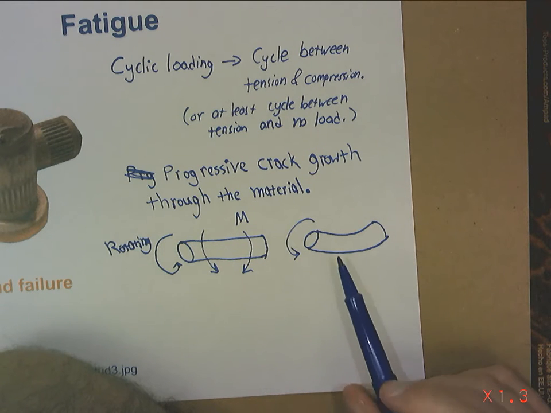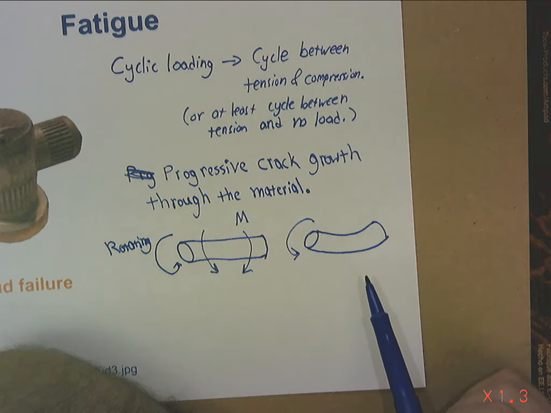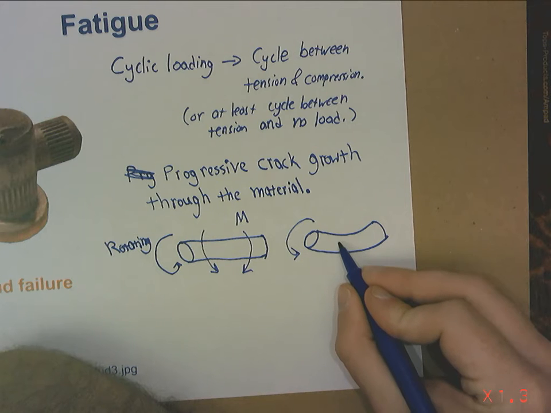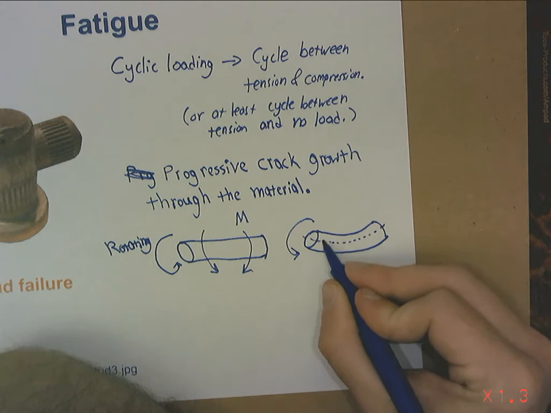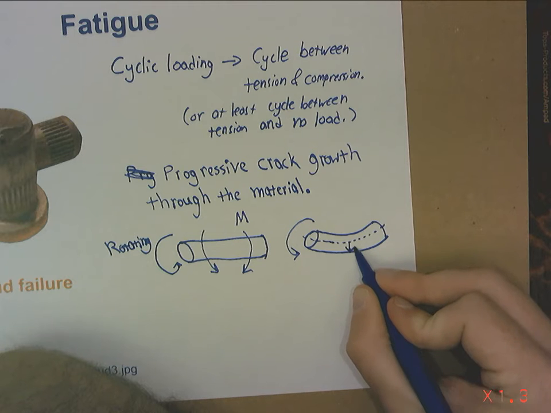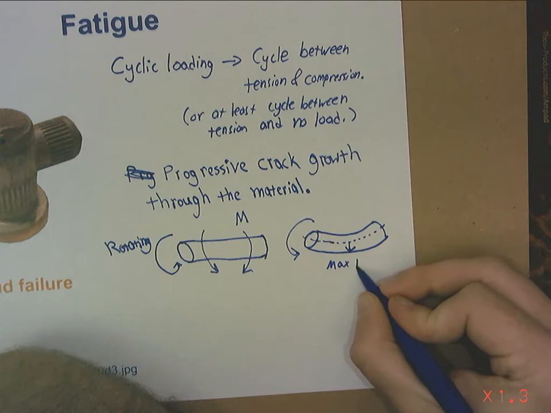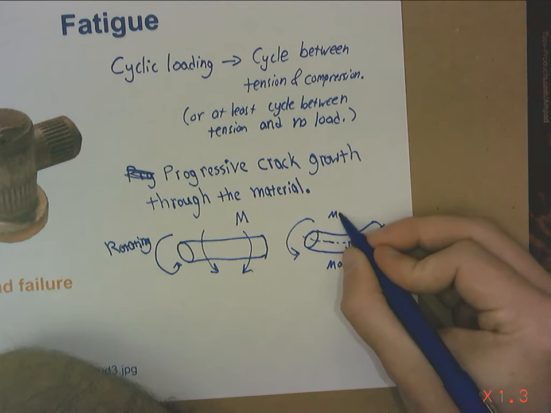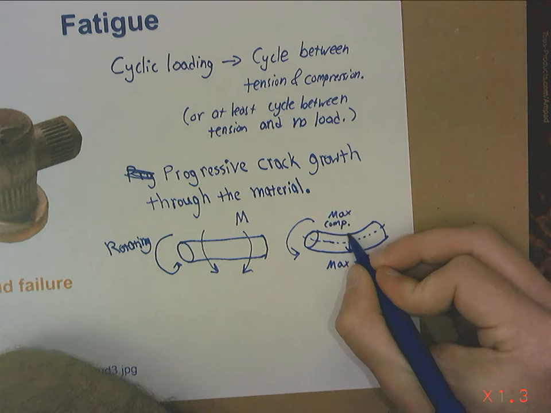Well, okay, think about on the surface of this shaft, where is tension and where is compression? So our outermost fiber here, so here's the central axis, our outermost fiber on this side should be our max tension, and on this side should be our max compression.